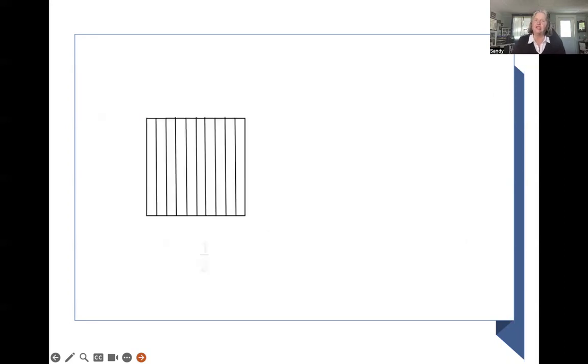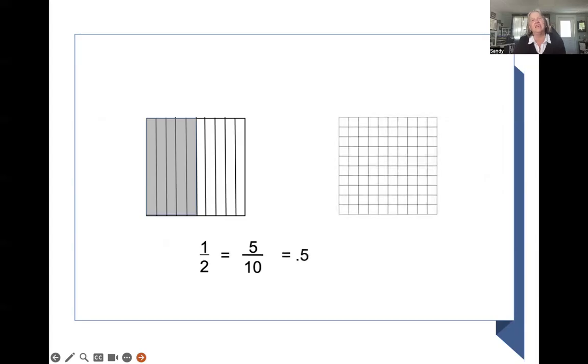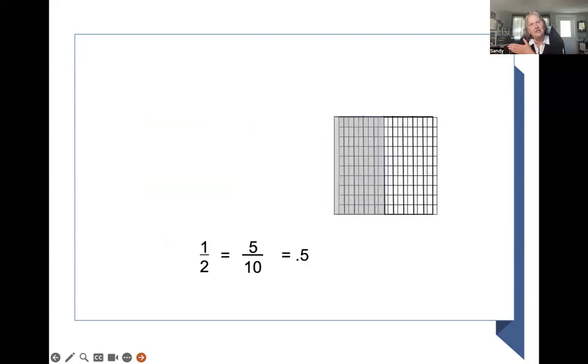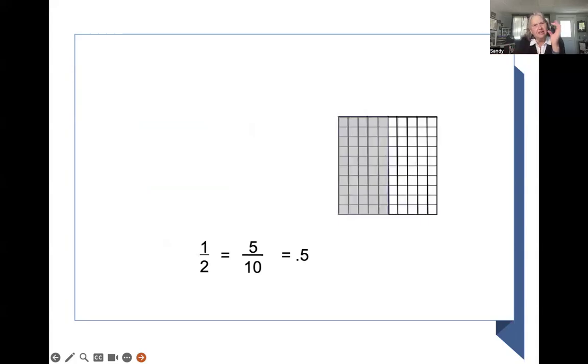Now, we also looked at ways to make the connection between that common fraction, 5/10, and then linking over to the hundredths. And it's not just tacking a zero on the end. It's actually seeing that if I slide over the 5/10 piece, it right overlays on that section that shows 50 hundredths.